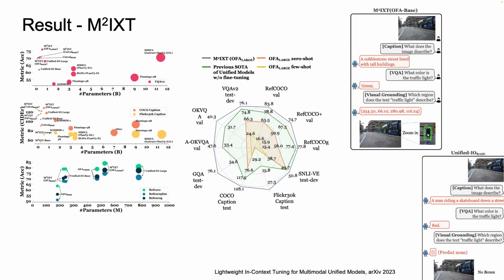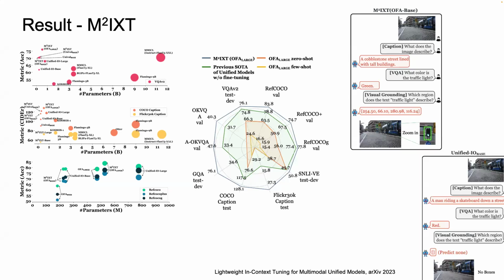If you take a look at the 3 panels on the left, we try to benchmark our data sets through different tests, such as question answering, captioning, and also the visual grounding. The x-axis is the model size. So our model is on the very left, which indicates that our model is relatively small, and the y-axis describes the metric, and we usually have a very high performance.